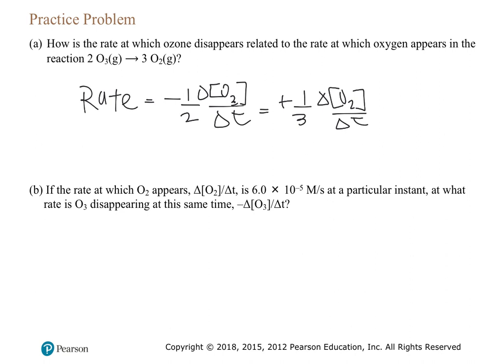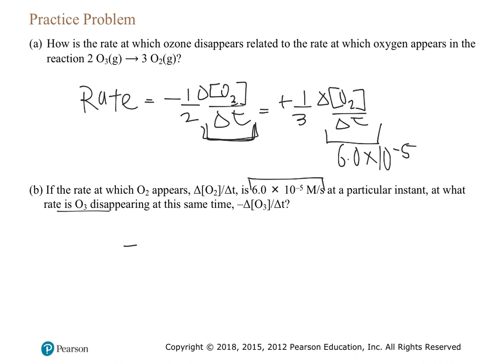Now it says, if I'm measuring oxygen and it's appearing at a rate of 6 times 10 to the negative 5 molar per second at any instant, what's the rate that ozone is disappearing? So basically on a graph, I see that this is 6.0 times 10 to the negative 5. So how can I find this? Well, I need to solve for negative change in ozone over time.